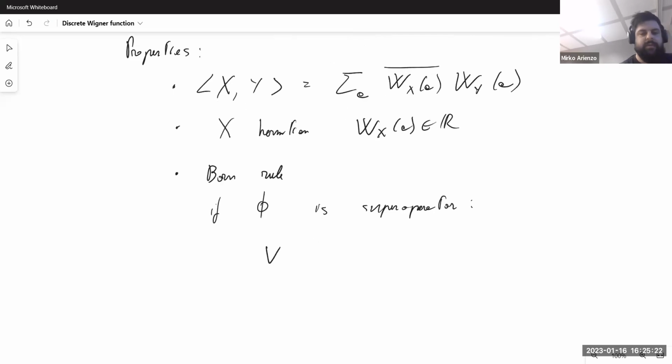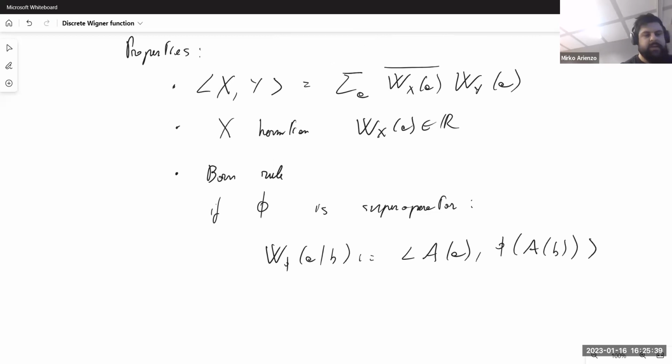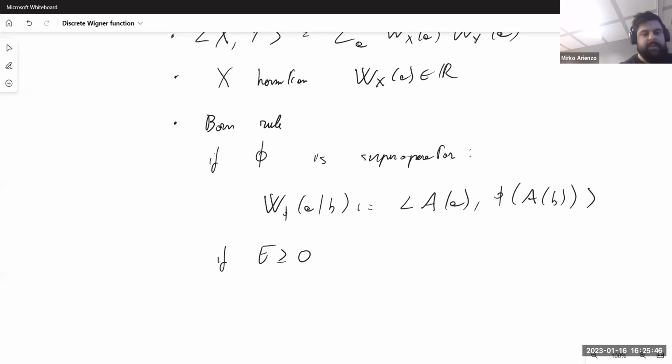You will have the following description in the Wigner language. So you have the inner product of A with Phi evaluated on A of B. And if you have an element of the POVM, you have the Wigner function W_E of A. It's just these other inner products.